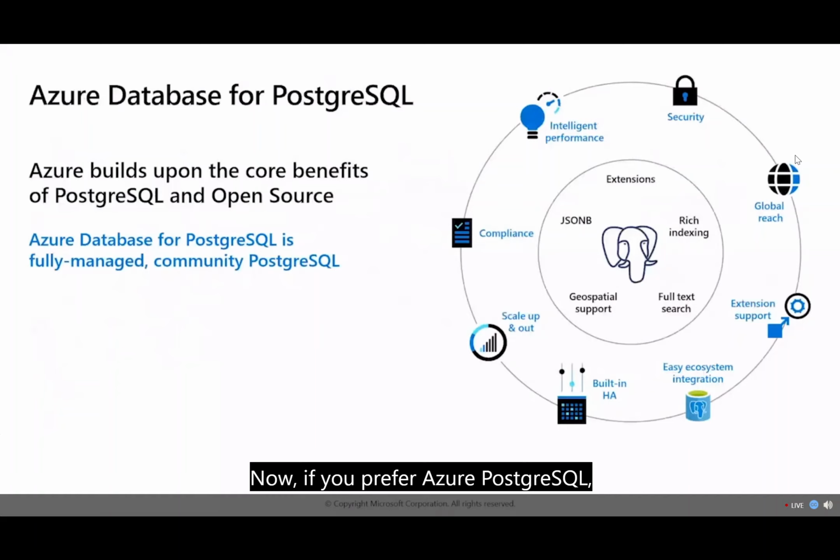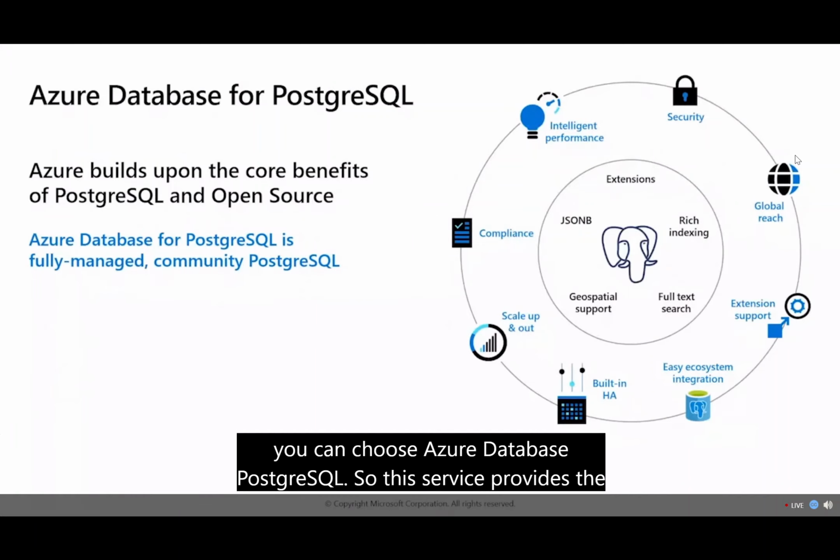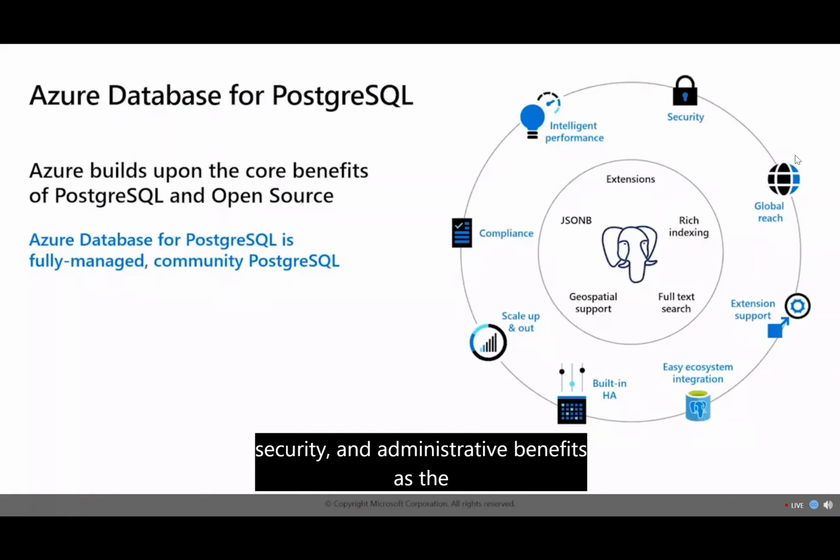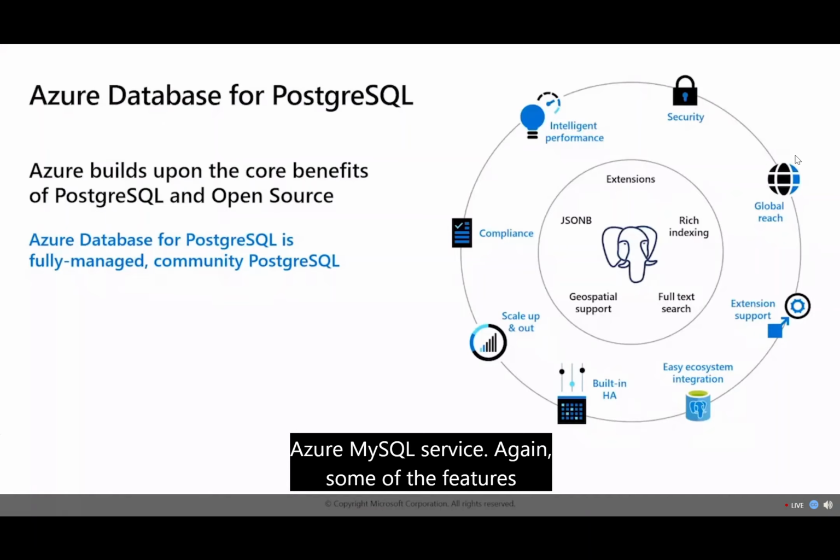Now, if you prefer Azure PostgreSQL, you can choose Azure Database for PostgreSQL. So this service provides the same availability and performance, scaling, security, and administrative benefits as the Azure MySQL service.